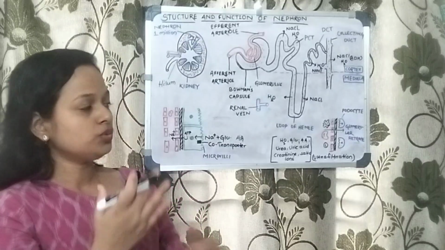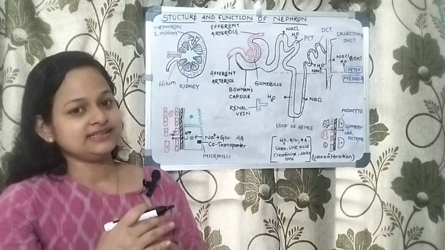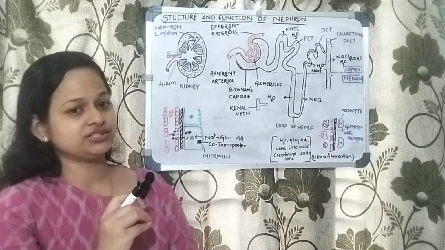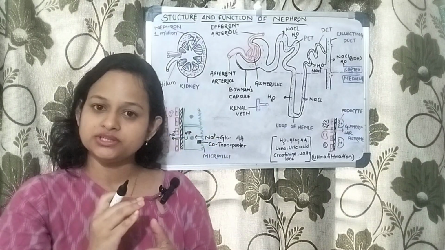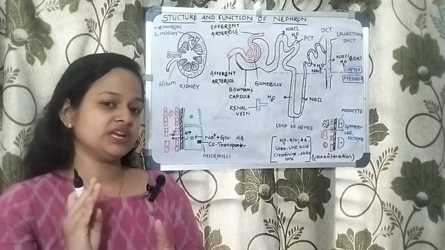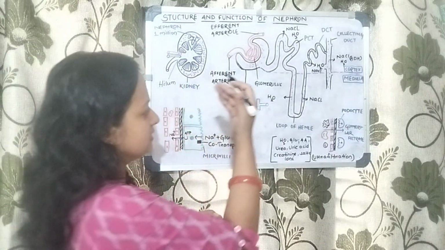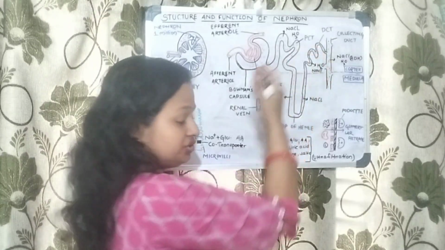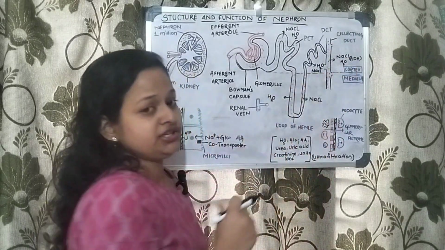It is the opposite of tubular reabsorption. Here the blood contains some waste products like creatinine and urea, and it will release or secrete them into the urine that has formed in the distal convoluted tubule and collecting duct.